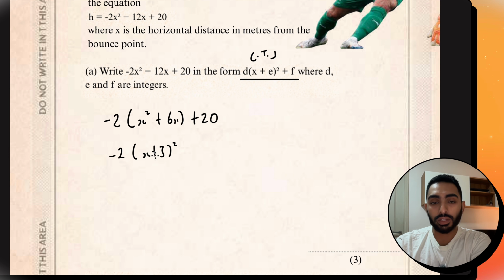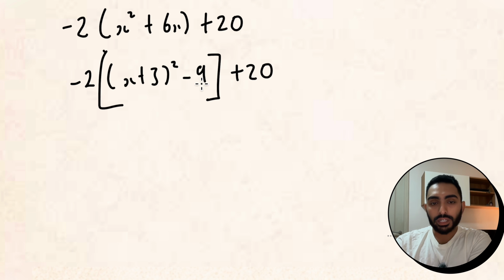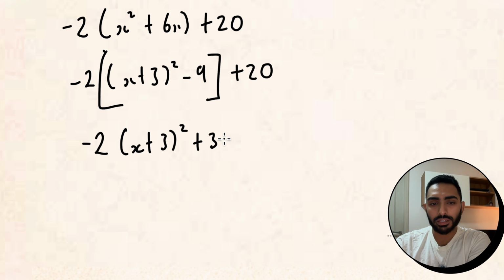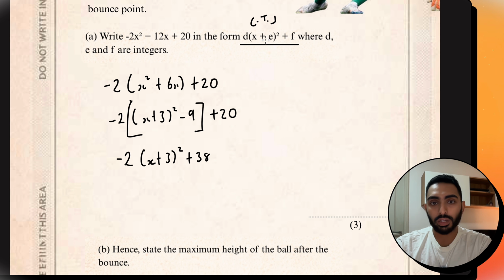And if you did 3 squared, you get 9, but we want to balance it out. We've got minus 9. I'm going to put another bracket around that, plus 20. Negative 2 times negative 9 is positive 18. We've still got that negative 2 bracket x plus 3 squared plus 18, and plus 20 would be plus 38. That would be the final answer. You can see D is negative 2, E is positive 3, and F is 38.